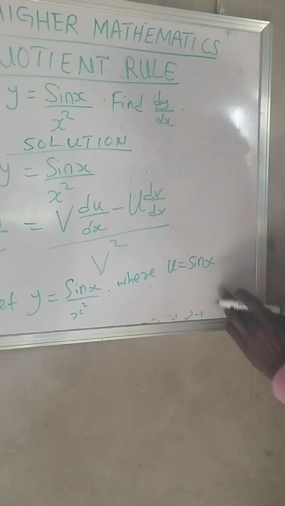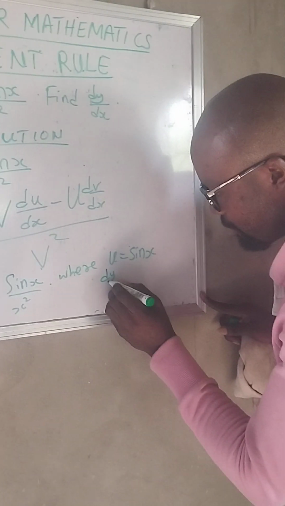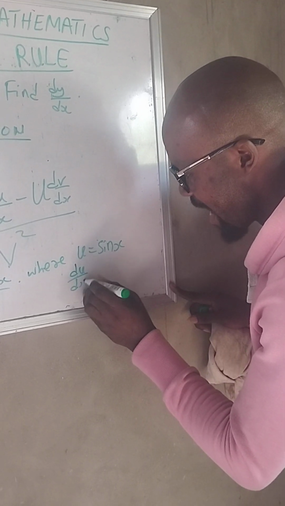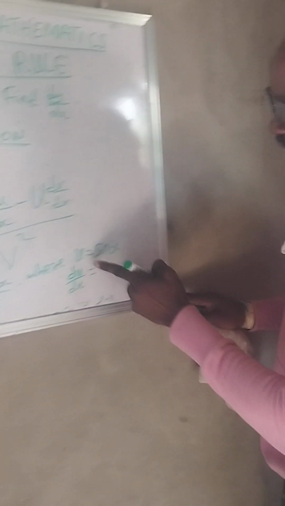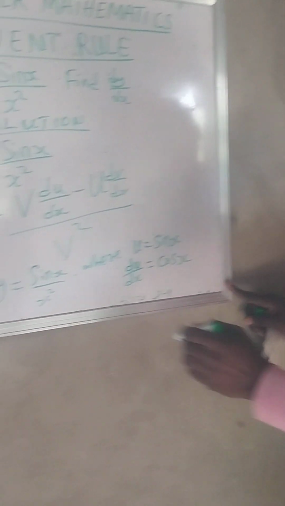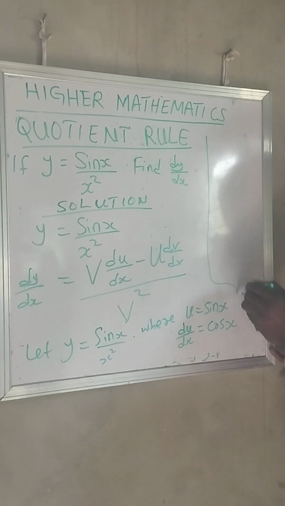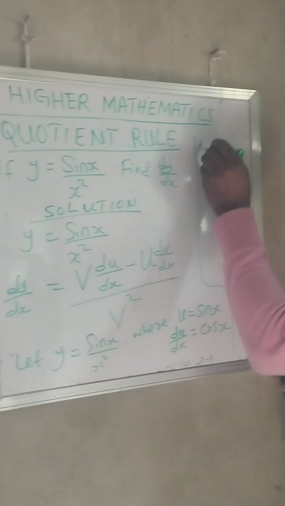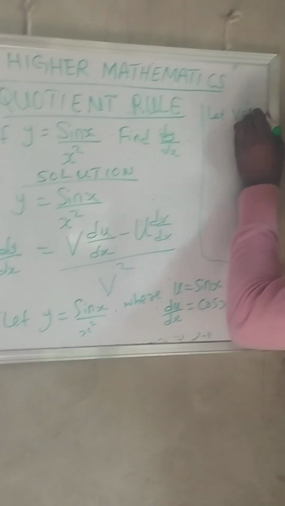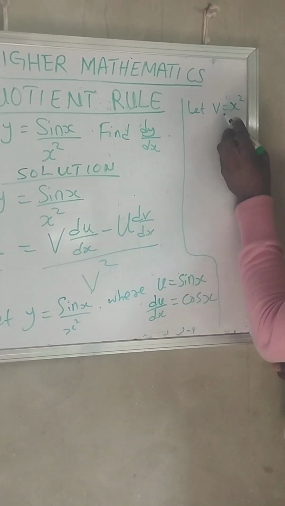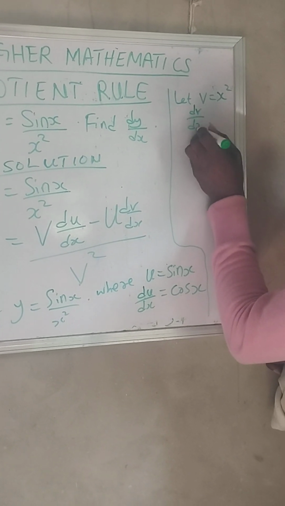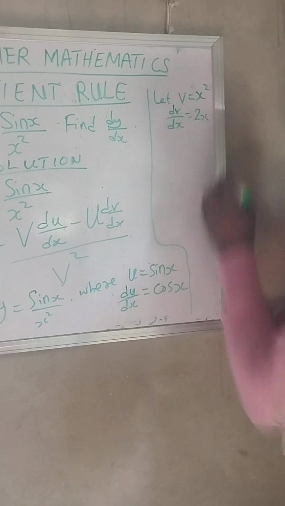If u equals sine x, du, the derivative of u with respect to x, which is du dx, is cos x. Let's keep that aside. Then let v be equal to x squared, so that dv dx, the derivative of v with respect to x, is 2x.